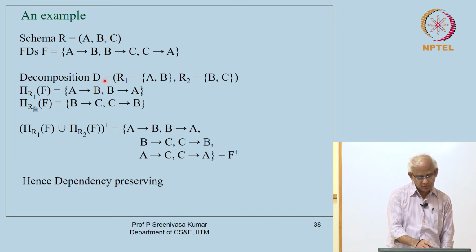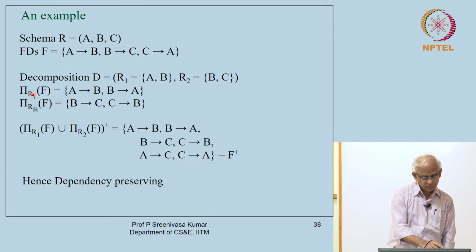So, we did a decomposition R1, AB and BC. Now, if you take the projection onto R1 of F, it is all those FDs in F or F closure that are applicable to the scheme AB. So, obviously, A determines B is applicable.